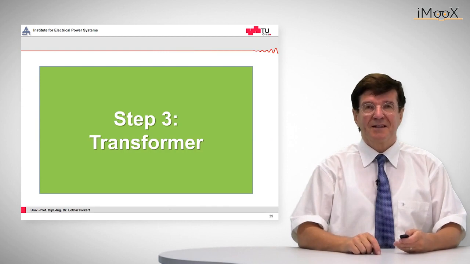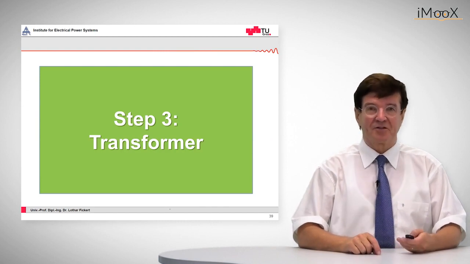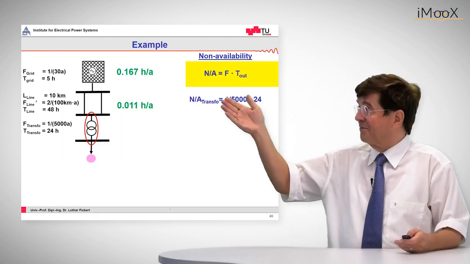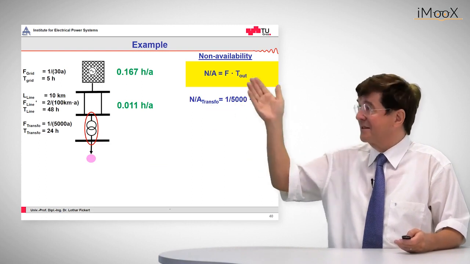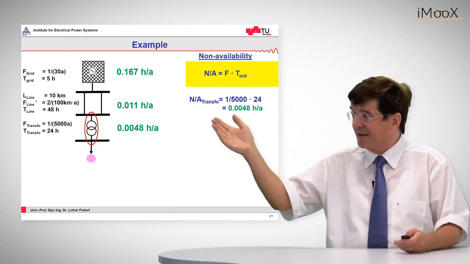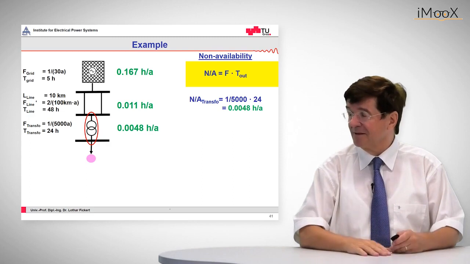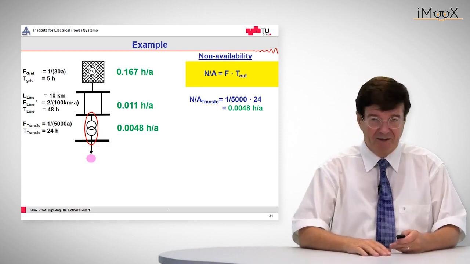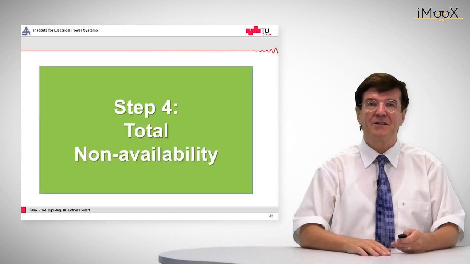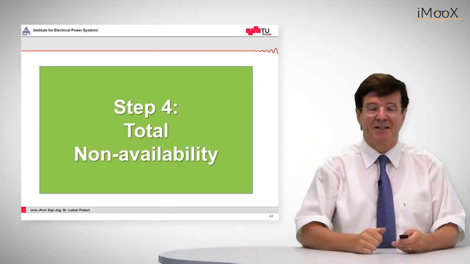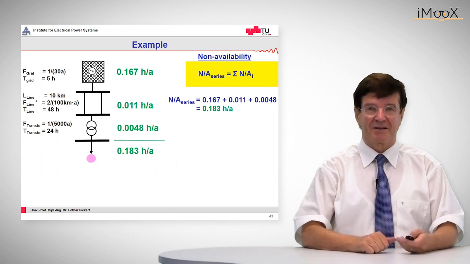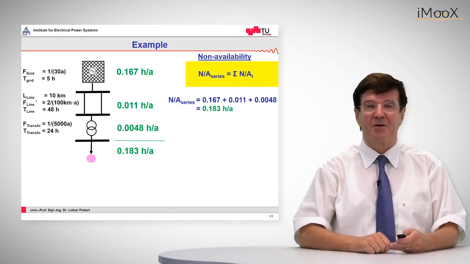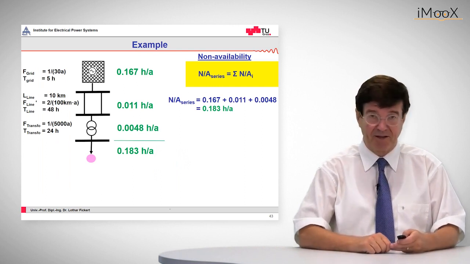The element number 3 in the sequence is the transformer, which is obtained by the frequency times the average outage time, and this has a non-availability of 0.048 hours per year. The total non-availability of these serial elements is given by the sum, and that comes out as 0.183 hours per year.